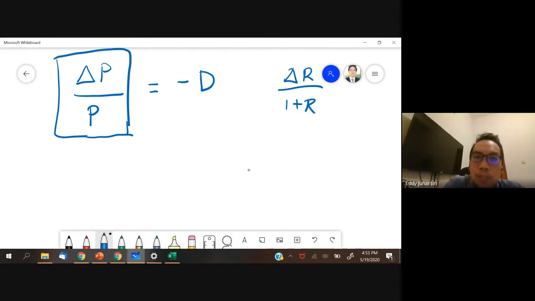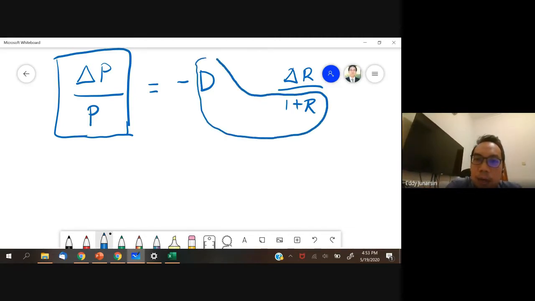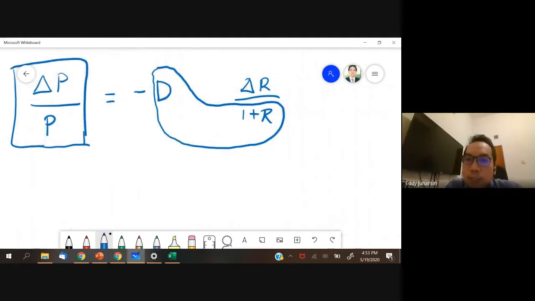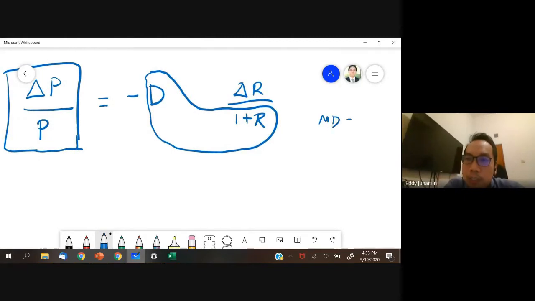There's a terminology named modified duration, which is duration divided by 1 plus the original interest rate. So we call it modified duration.